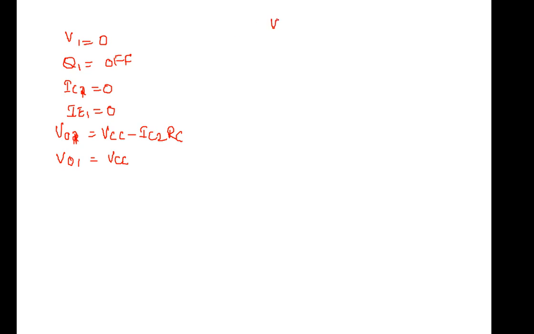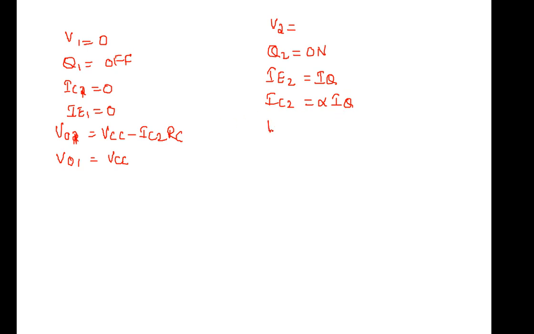Similarly, I am applying only the single input V2. So the Q2 transistor is in on condition. Whenever the Q2 transistor is in on condition, the IE2 becomes IQ and IC2 becomes alpha into IQ, because IC equals alpha IE, and in place of IE I am substituting IQ.